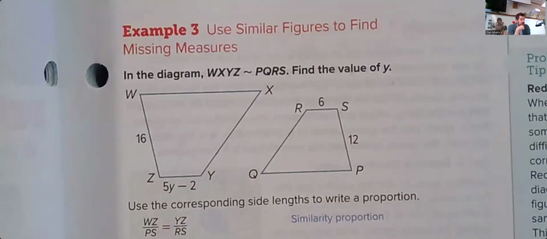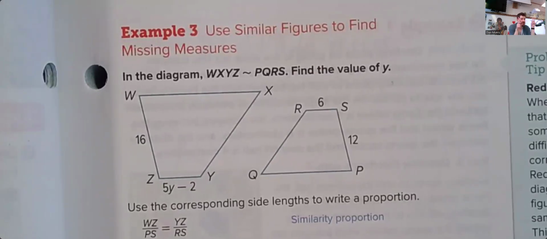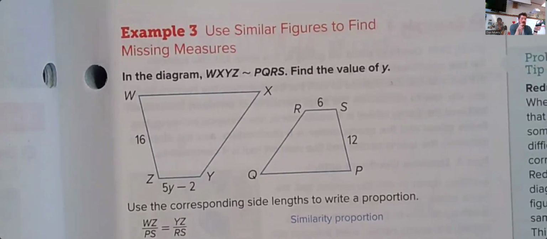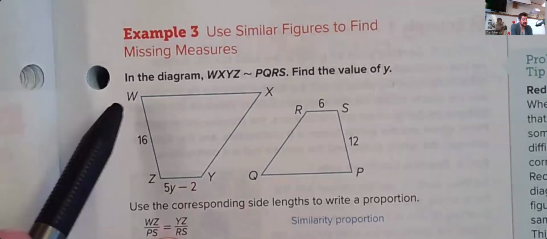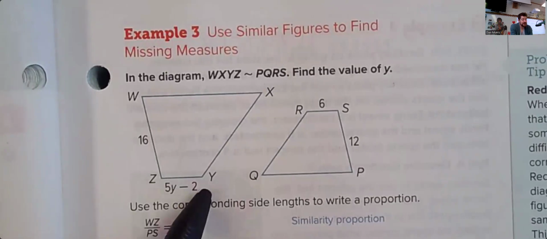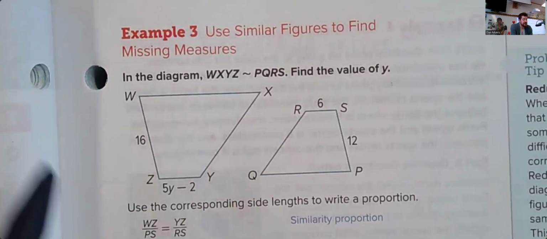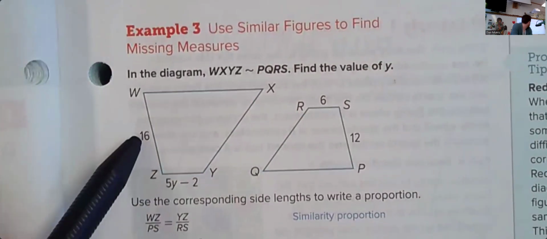So now we have to set up a proportion, meaning we have to set two fractions equal to each other and then solve. The two lengths that we're provided with over here are WZ and ZY. And the two lengths we have over here are SP and RS. WZ is 16.